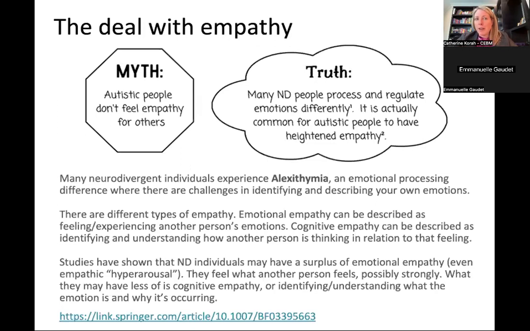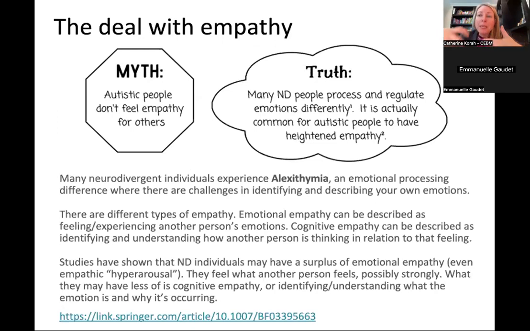And so another piece that is different between neurotypical and neurodivergent populations is when we're talking about empathy. It is a myth, by the way, that neurotypical and autistic individuals don't feel empathy for others. The truth is that many of our neurodiverse people process and regulate emotions differently. So they actually are quite empathetic and feel everything that the other person is feeling. But where the differences are is that they have a hard time putting words to what it is that they are experiencing.